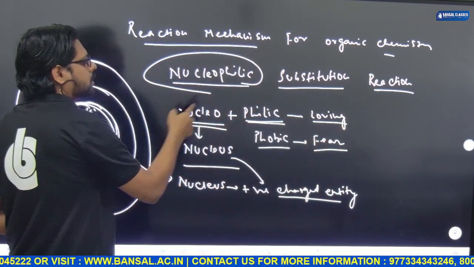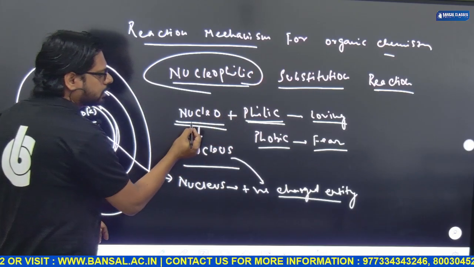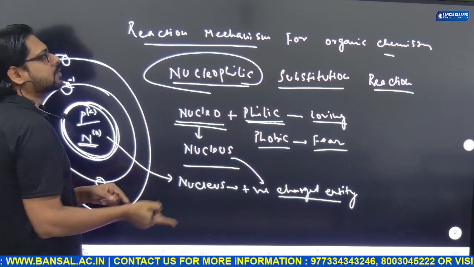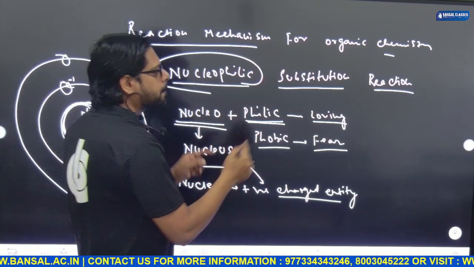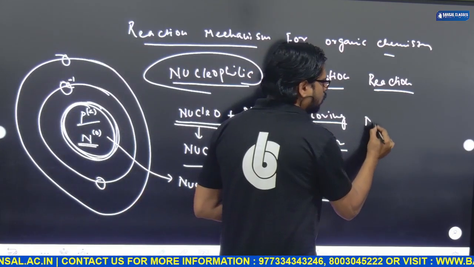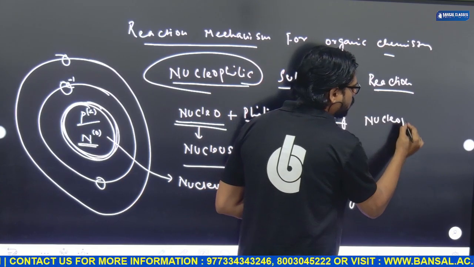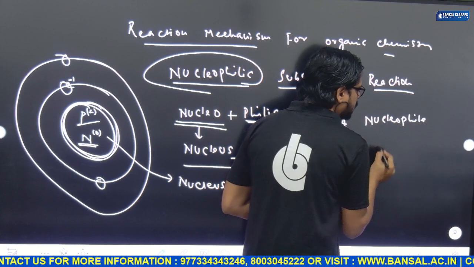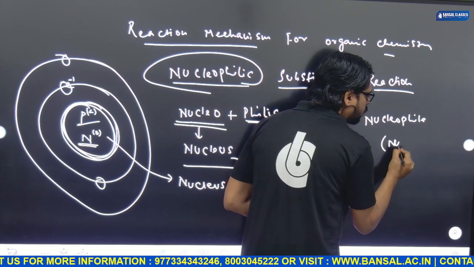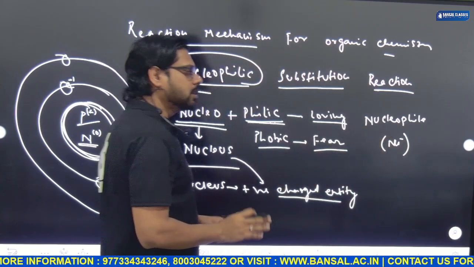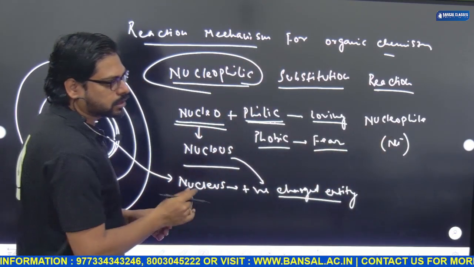So we can now see that nucleus loving means nucleophilic or nucleophile. We can also get a new word, nucleophile, which can be written in short form as Nu. Minus charge we have put over here. We will see why I have put a minus charge over there.